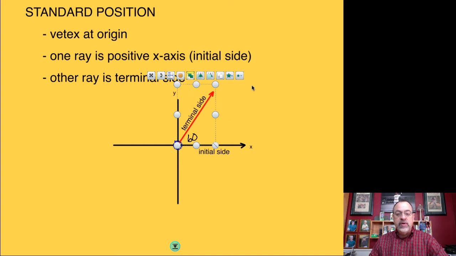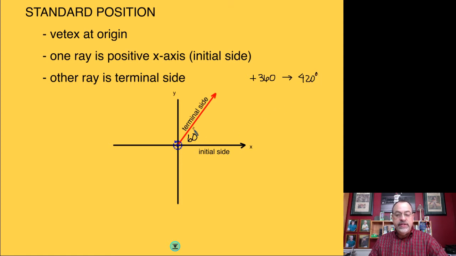So to determine a coterminal angle, I simply add an additional 360 degrees to the original angle. So this would be a 60-degree angle. An angle that's coterminal with that would be 60 plus another 360, which would be 420. So a 420-degree angle is coterminal with a 60-degree angle.